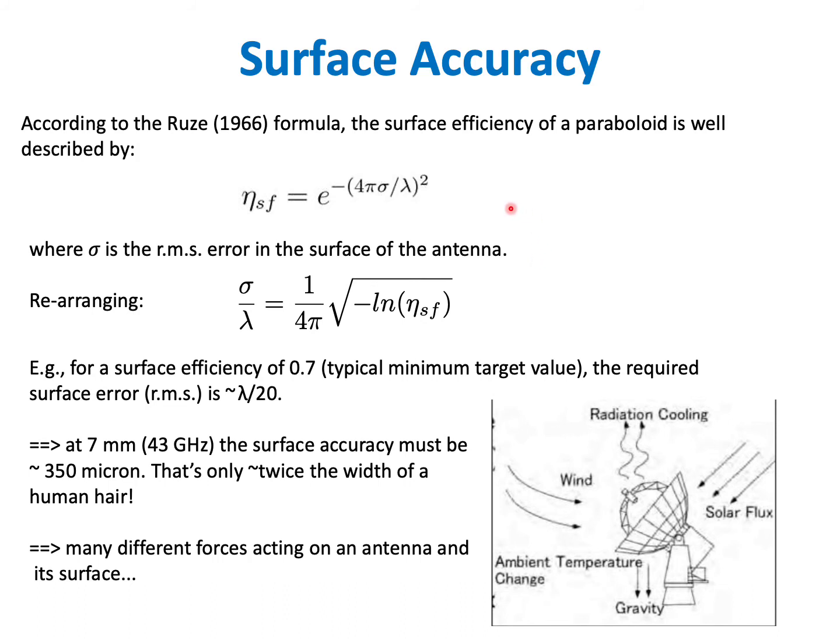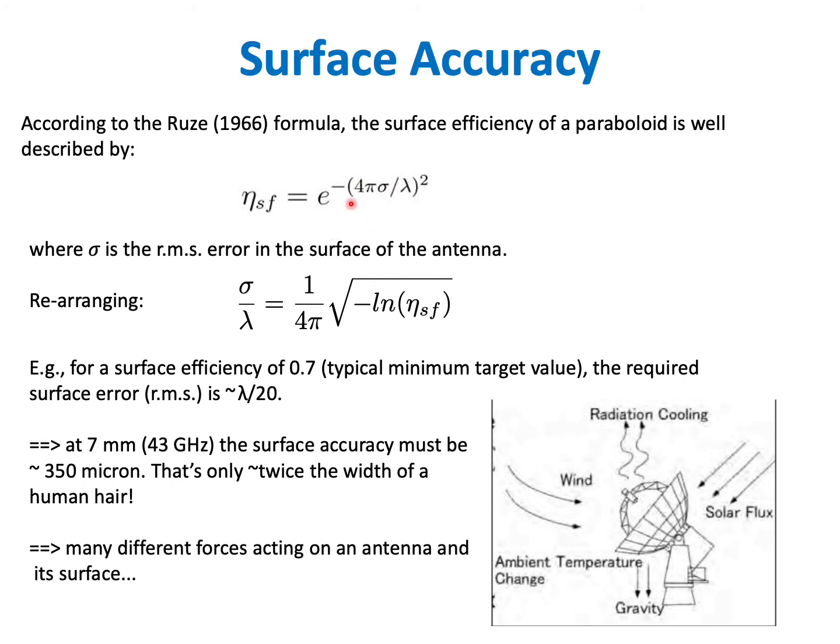If we use this formula here called the Ruze Formula, named after someone, that can tell us the surface efficiency. The efficiency eta of the surface is just equal to e to the negative (4 pi sigma over lambda) squared. Here lambda is our observing wavelength, and sigma is the RMS error in the surface.